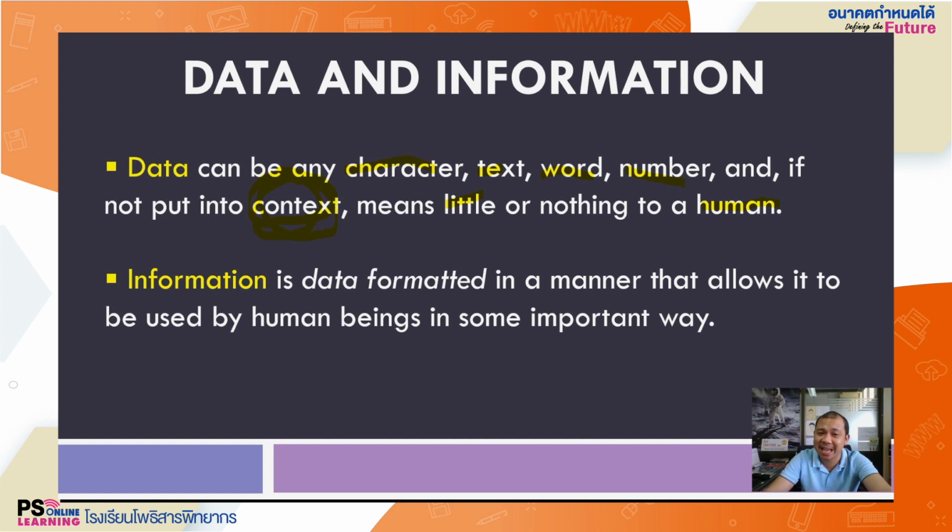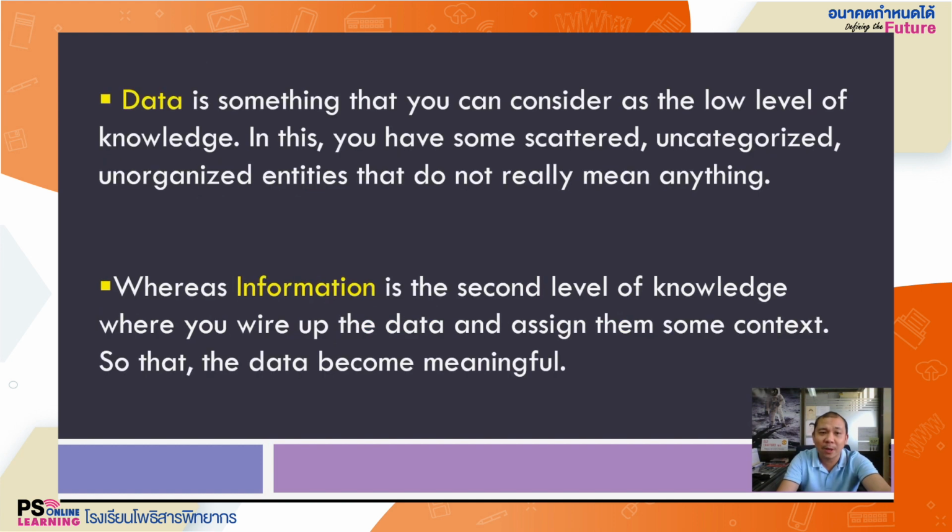Whereas information is data formatted, data that is arranged in a manner that allows it to be used by human beings in some important way. We use information, and information is very, very important for us humans. Now the next one, data. Data is something that you can consider as the low level of knowledge.